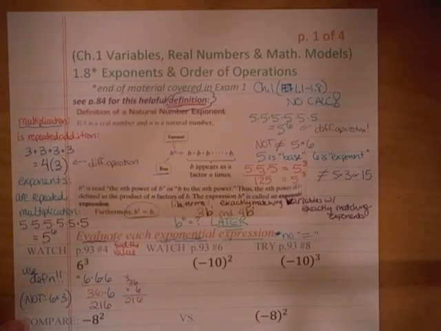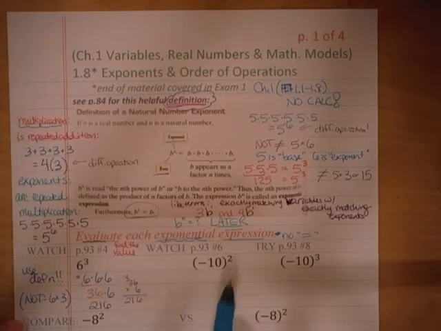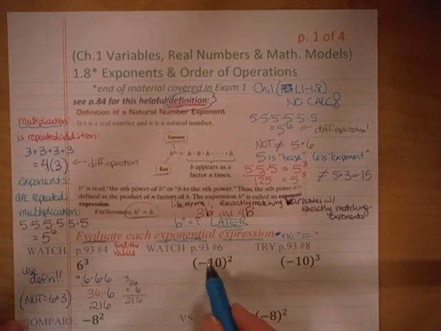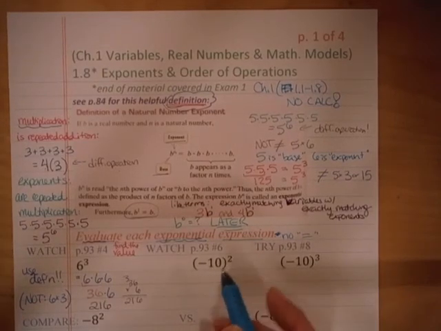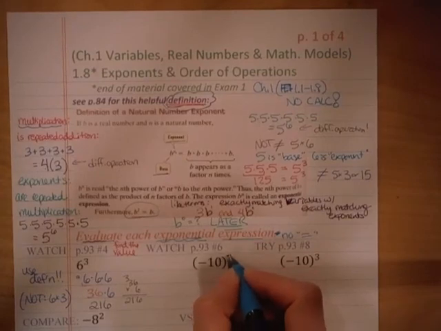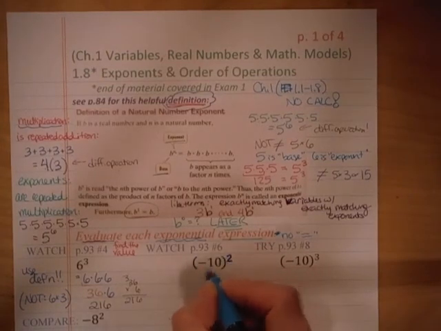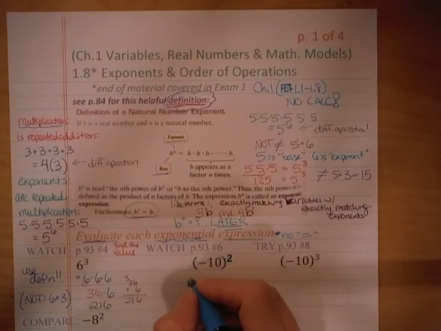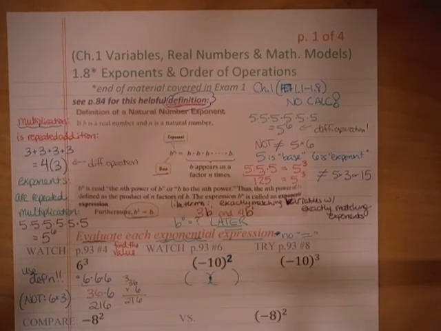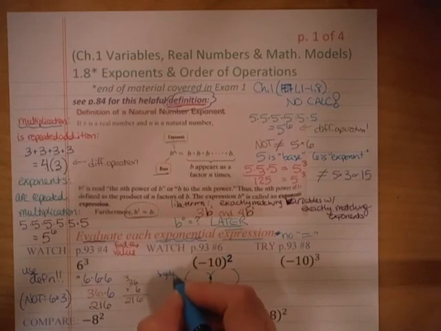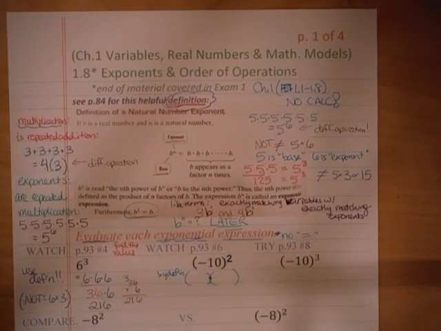What about raising something that's negative to a power? Okay, so watch number 6 here. What's different? Well, I've got parentheses, I've got negatives. Is that going to change how I do this problem? No, no, no. I just take what I'm given. The base is everything that's inside the parentheses, so by definition, it's whatever's inside that parentheses times itself.